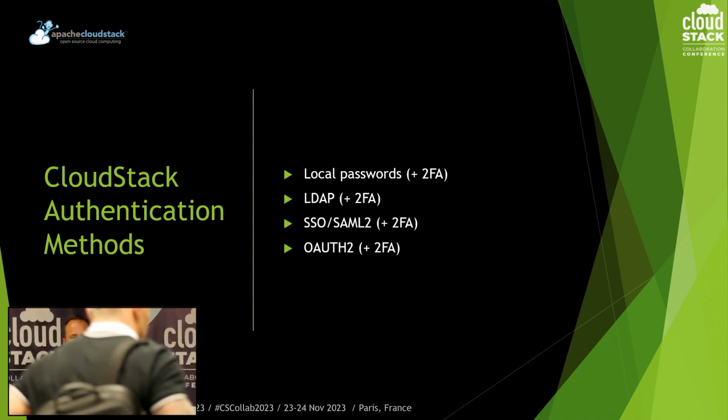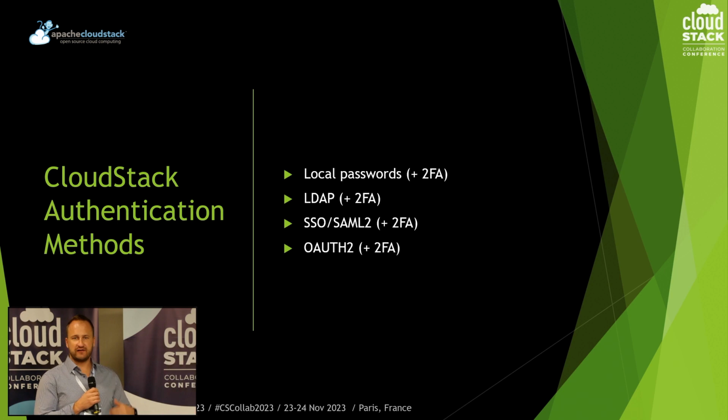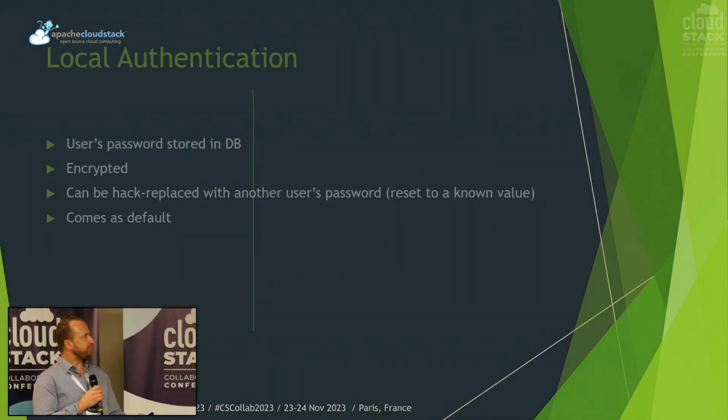So whenever you authenticate against something, whether it's a local password database in CloudStack or LDAP, SAML, whatever, if you configure 2FA, you will then be asked for an additional 2FA PIN, usually generated by TOTP applications and so on. But anyway, let's move on and go into more details.